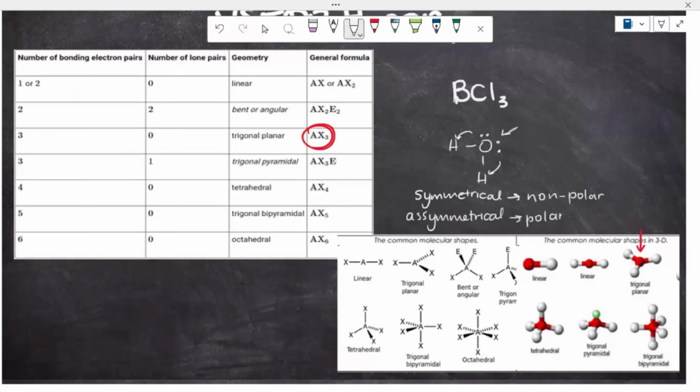Because if it's asymmetrical, these lone pairs and this negatively charged portion are forcing a change in that shape, making it asymmetrical. Okay, so that's just a little hint where your shapes can actually help you identify whether something's polar or non-polar.